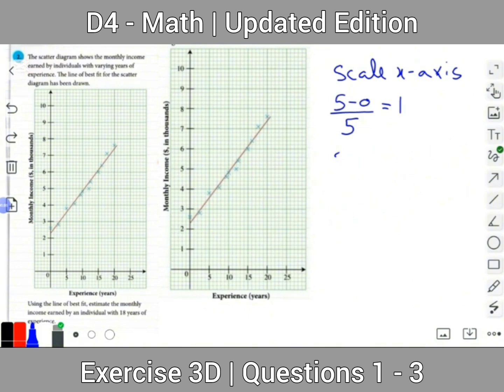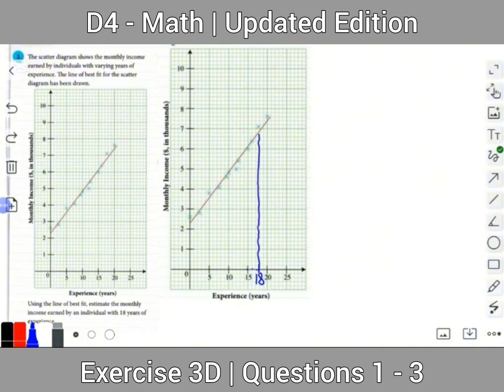Now first we have to find the 18 years along the x-axis. So here we have 15, 16, 17, and somewhere here 18. So here we have 18, and from 18 we will draw a vertical line until it touches the line of best fit.